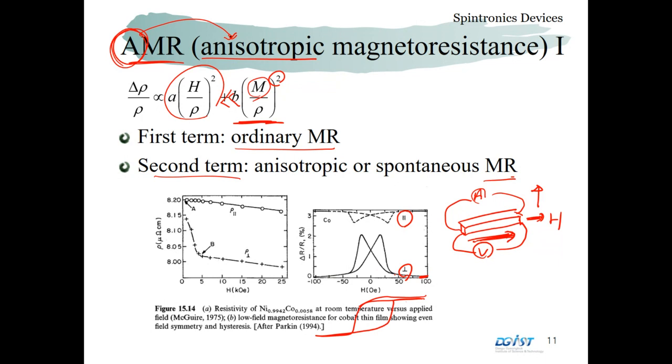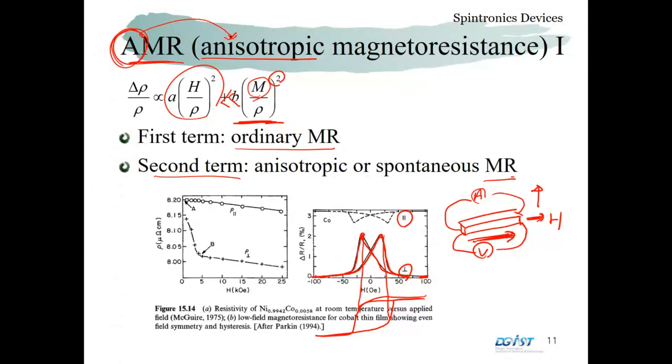Then they behave like a scattering source, so the resistance increases. And then they start to align to the opposite direction, so the resistance decreases again. After they saturate, if we increase the field again, we have such behavior. One important thing is that this peak point corresponds to the coercive field in the hysteresis loops.